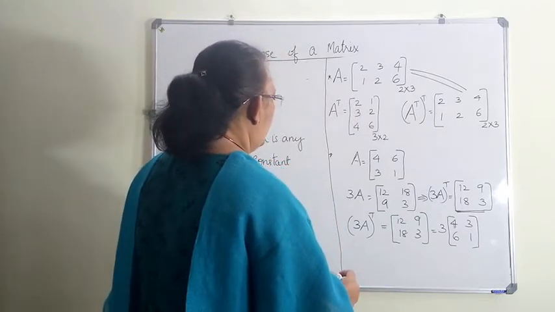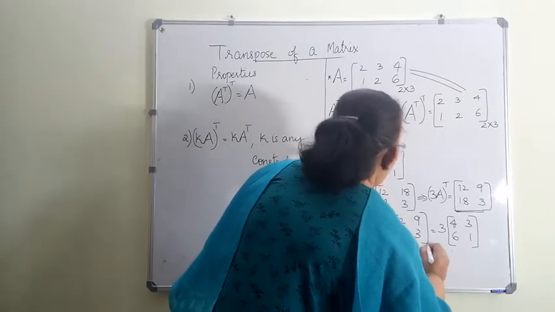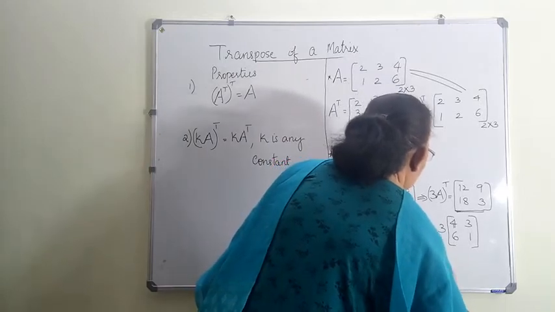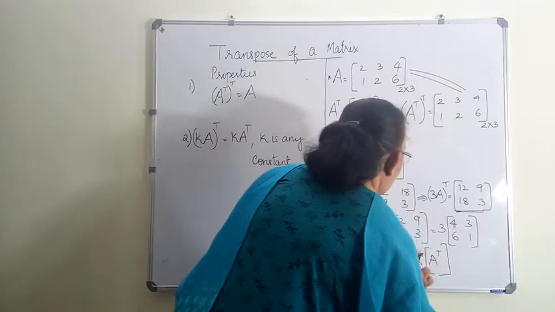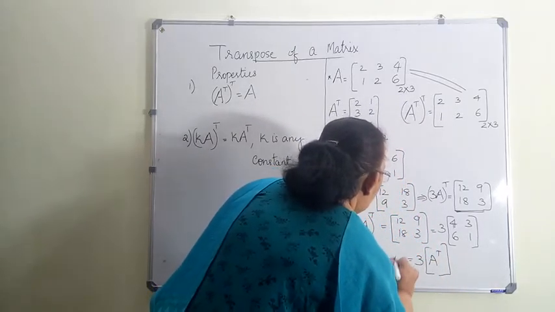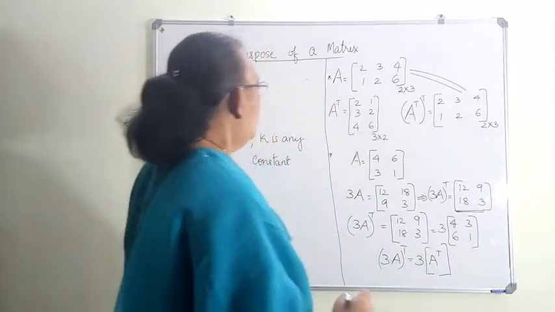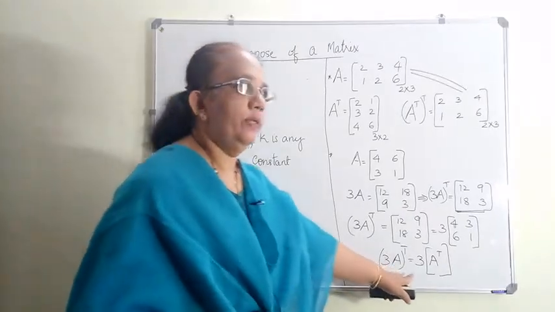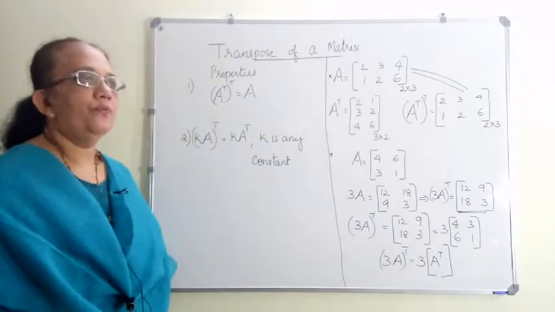So what is this equal to? K into A transpose, or 3 into A transpose. So 3 into A the whole transpose is equal to 3 into A transpose, where here I have taken a constant K equal to 3.